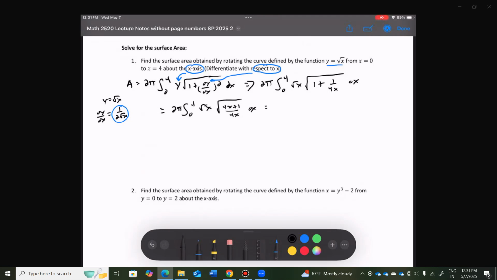Then take out the denominator. So I have square root of x over 2 square root of x times square root of 4x plus 1 dx. And then these cancel. You can always also bring in the square root of x kind of into the square root if you need to. That can also get to cancel.